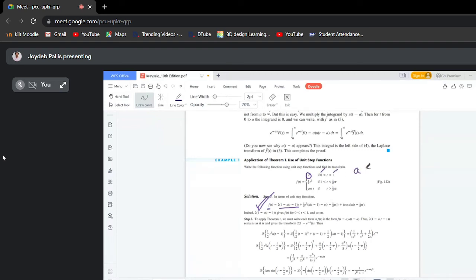If the interval is a less than t less than b, then the function value is multiplied by u(t minus a) minus u(t minus b). OK, so for every piece, the function value is multiplied by this term according to the end points of its interval.